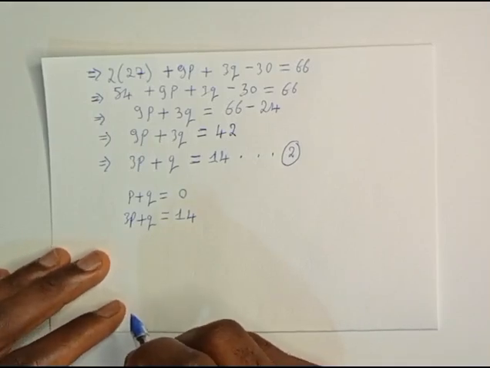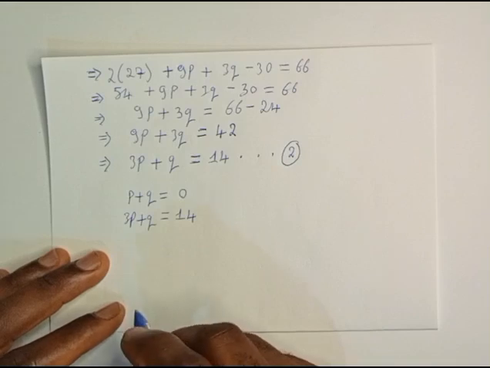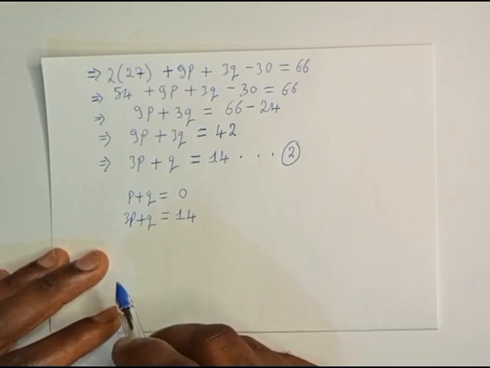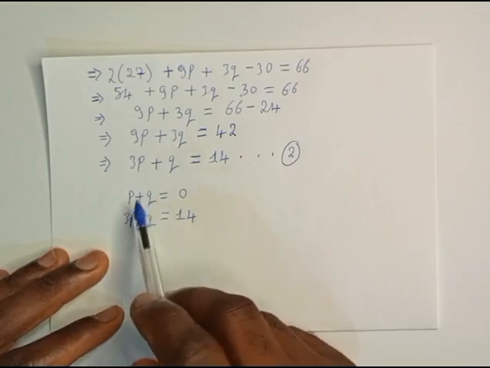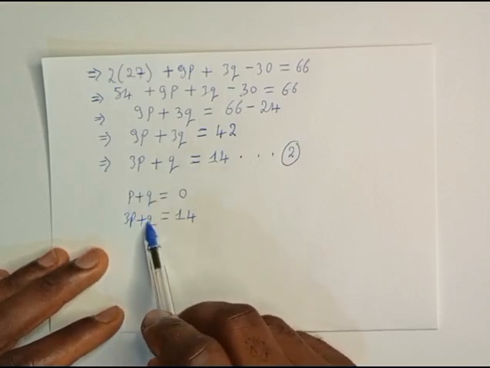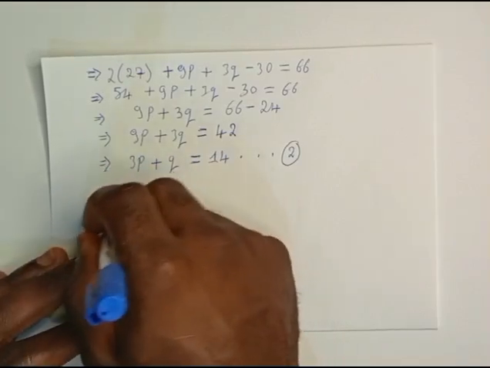We can solve the pair of simultaneous linear equations for p and q by the method of elimination. The reason why we are making use of the method of elimination is simply because the coefficient of q in equation 1 is the same as the coefficient of q in equation 2. So if we subtract the two equations, q will be eliminated. Subtract.